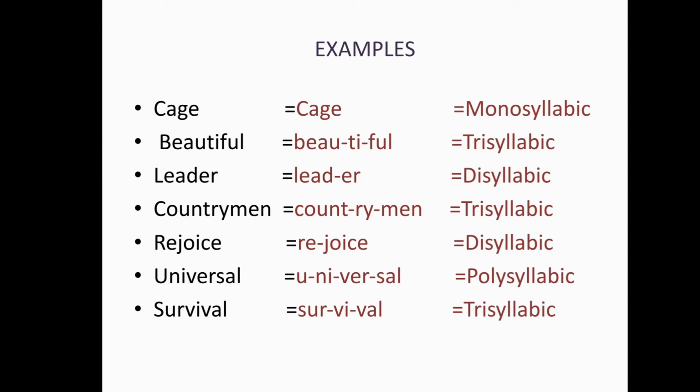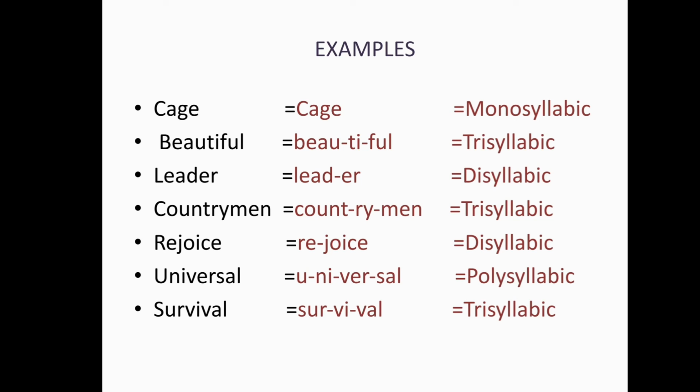We have E, A, U, I, U. These are the vowels we have in this word, but we have only three vowel sounds, which can syllabify this word into three syllables. Beautiful.